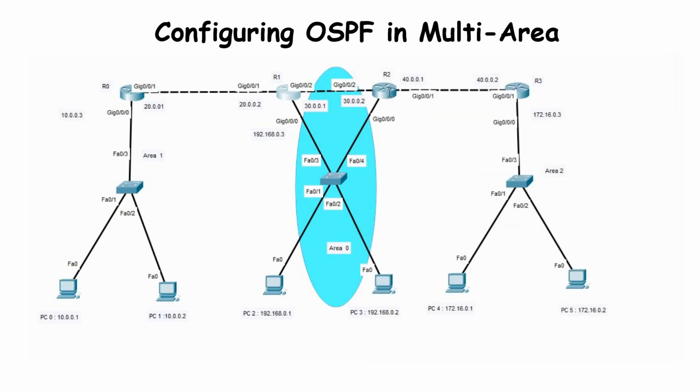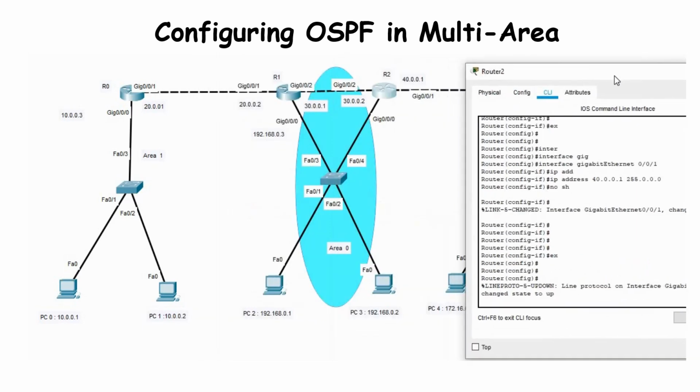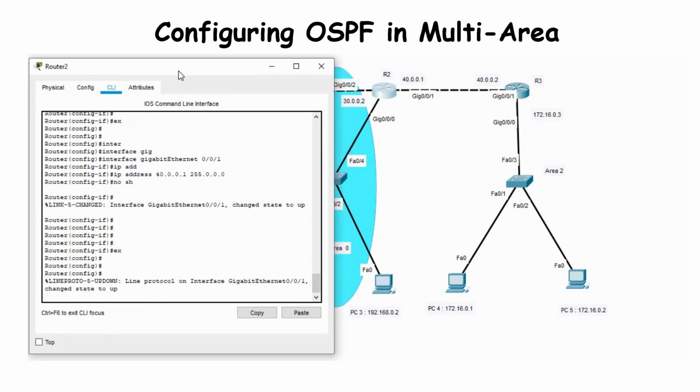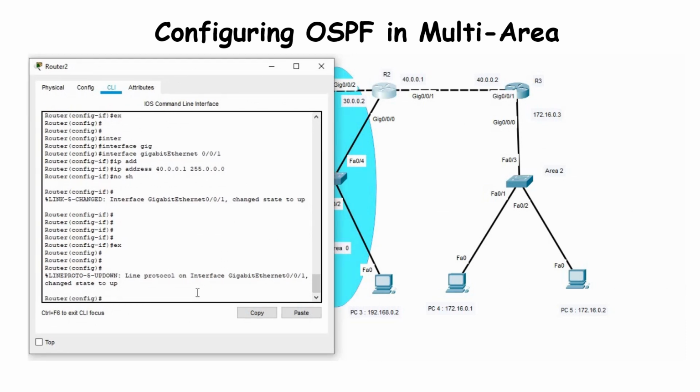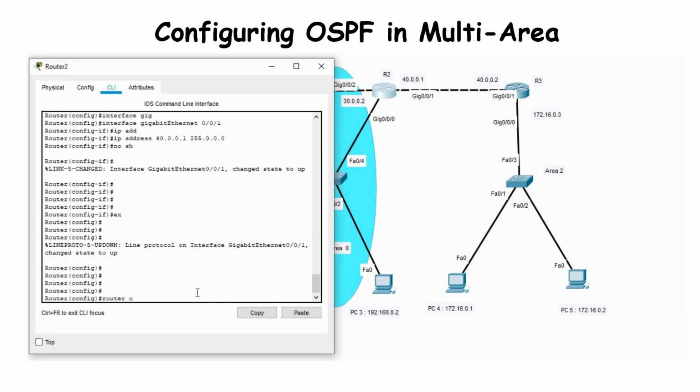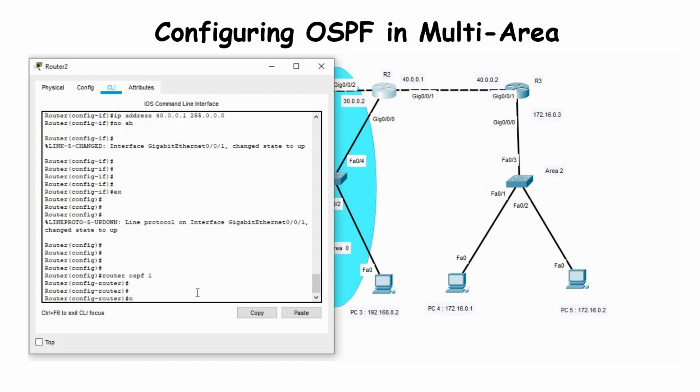Similarly, router R2 is also an area border router, because one of its interfaces is in area 0 and the other interface is in area 1. Go to router R2. Router OSPF 1, network 40.0.0.0 with the default wildcard mask. This is in area 2.